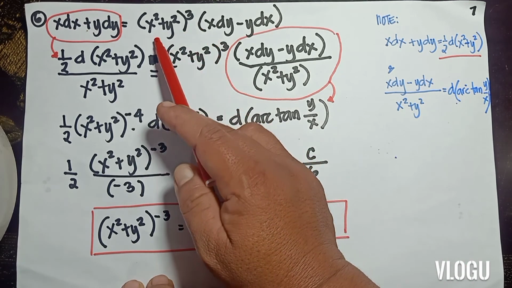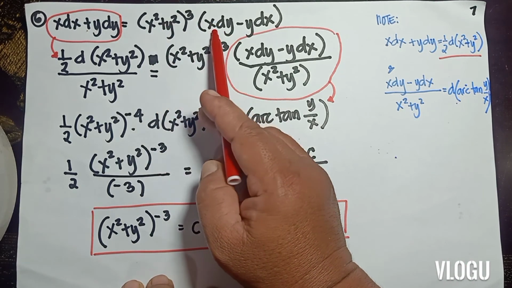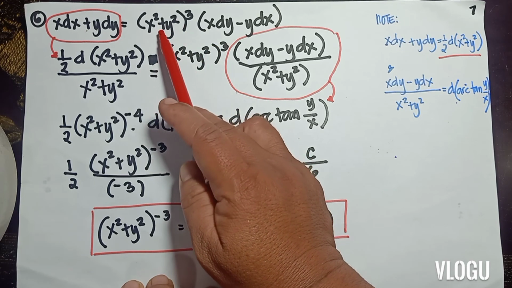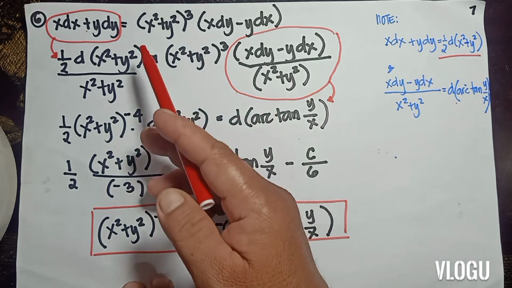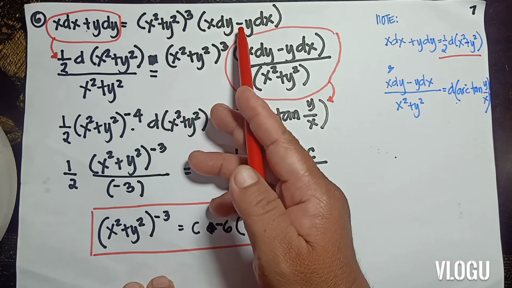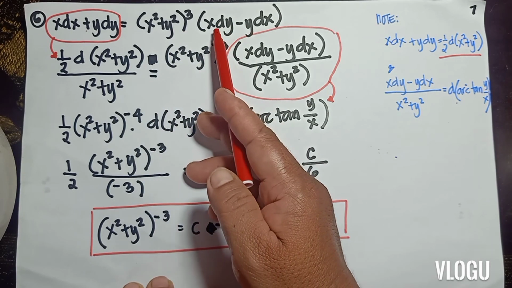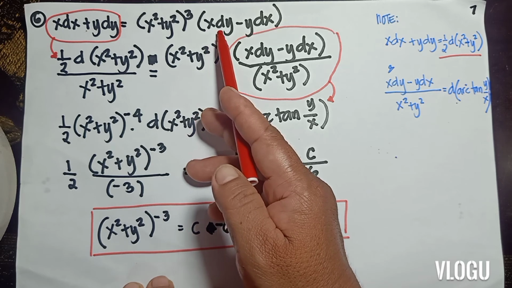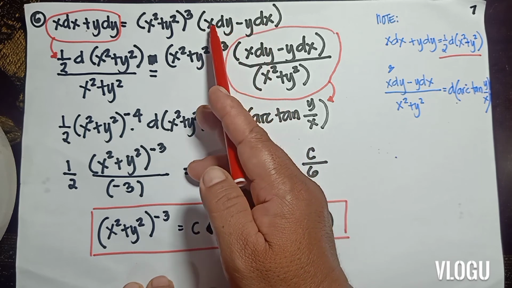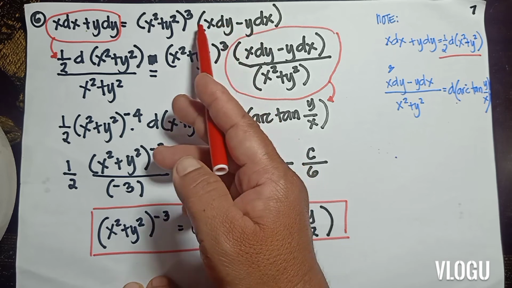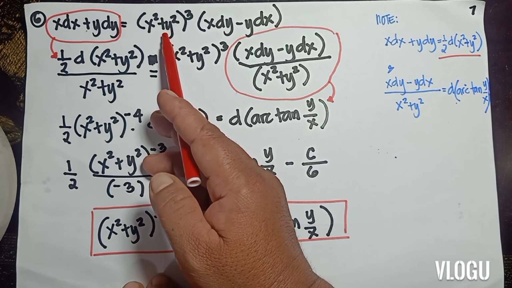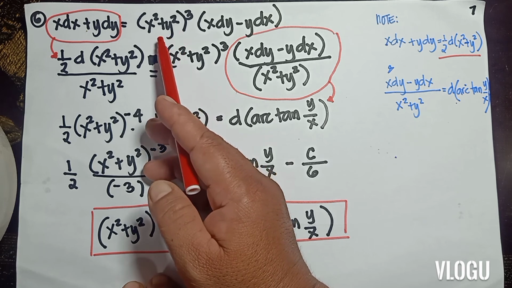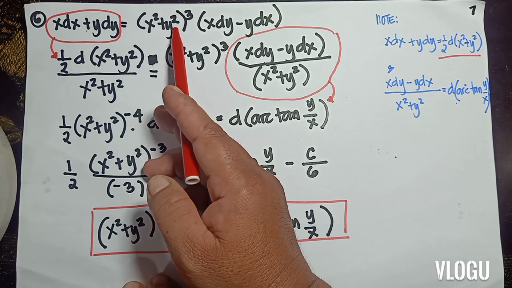So the hint here is that we are going to divide with x squared plus y squared. This is because we have y here, we have x, so we have a hint that this is another form of exact differentiation. But then what we're going to do with x squared plus y squared, that is a hint that maybe your denominator is in the form of x squared plus y squared.